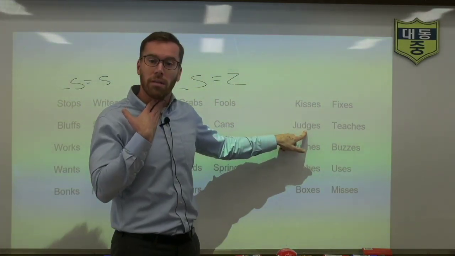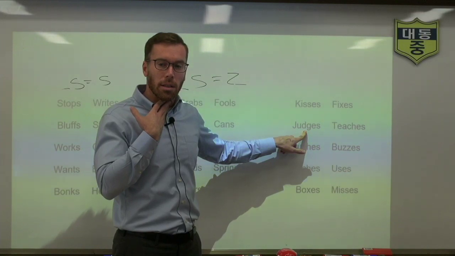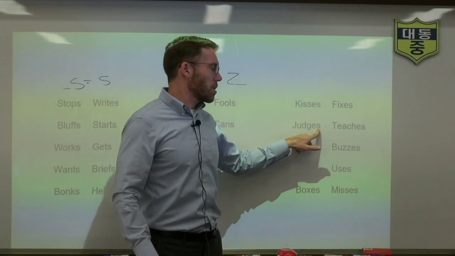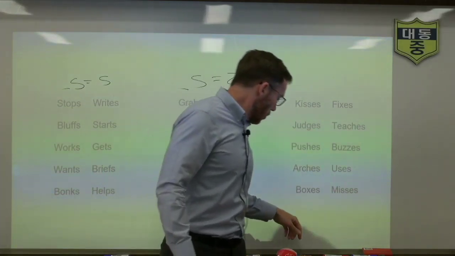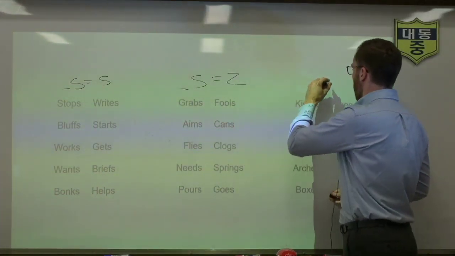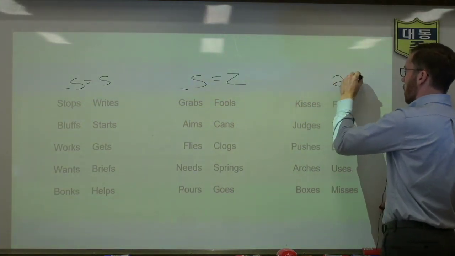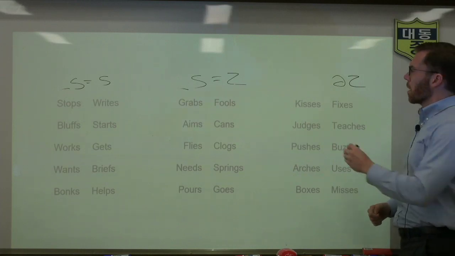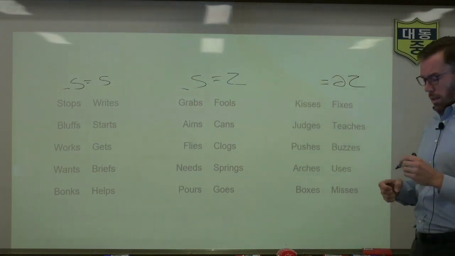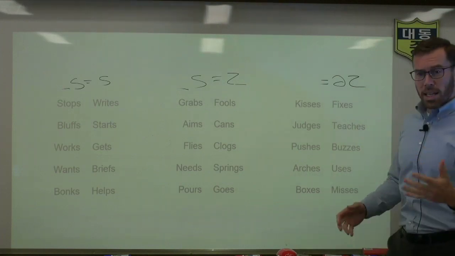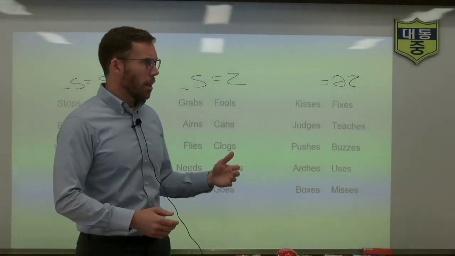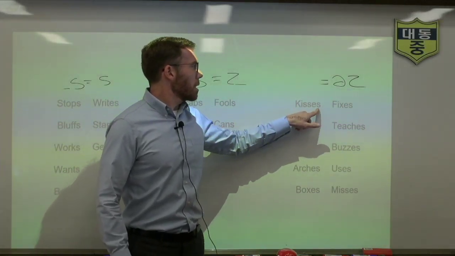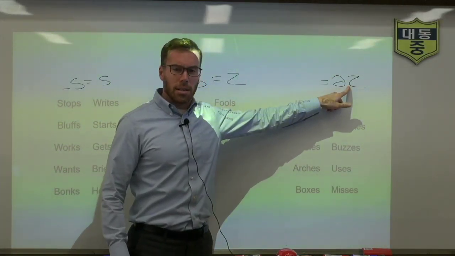J. Voiced. But kisses, judges, it's always the Z sound. Why? Can you see a pattern? Why is this changed to ez?